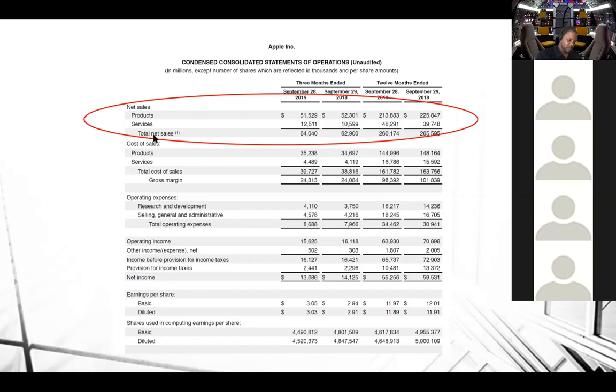Taxes, what you would pay in taxes. Good guess, but no, taxes would be all the way down here under income taxes. The shipping fees. Shipping fees, good guess, but no, shipping fees are actually down here. If Apple's paying the shipping fees to sell something, that's under selling, general, and administrative.